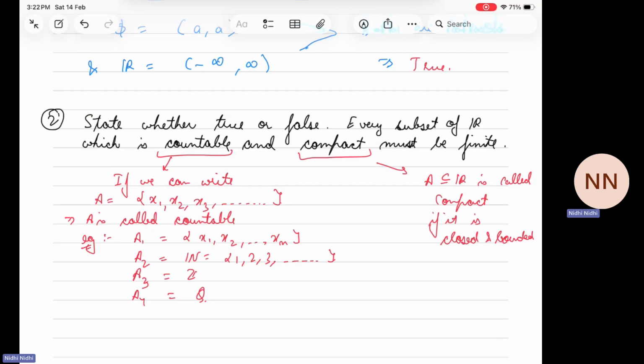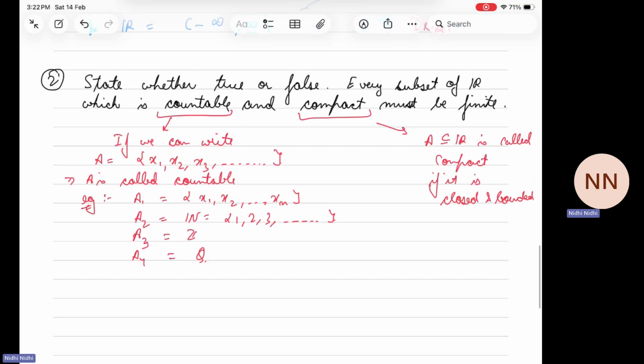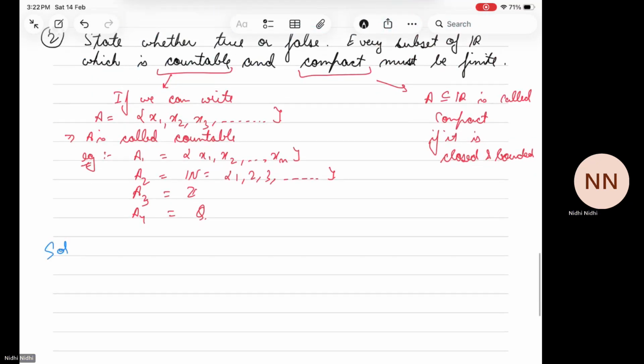So if I consider the set A, which is closed interval 0 to 1, intersection Q. So basically we are collecting all rationals in the closed interval 0 to 1. Obviously we all know that this set is infinite. Then A is an infinite set.